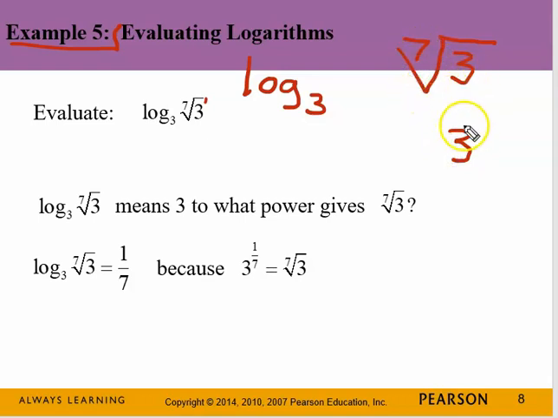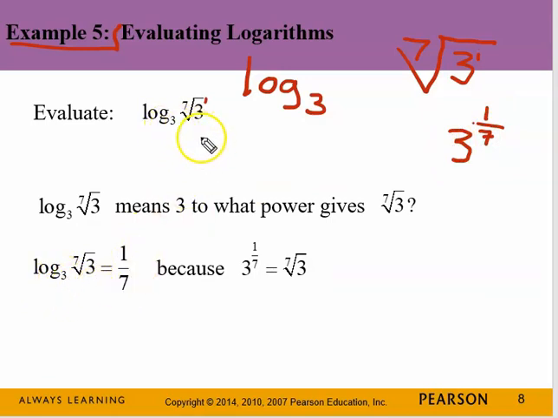Now, the index number becomes the denominator of our fractional exponent. And the 3 has a little 1 there that we don't usually write, but that makes it this. So this value then becomes 3 to the 1/7, which is what they're showing you here.